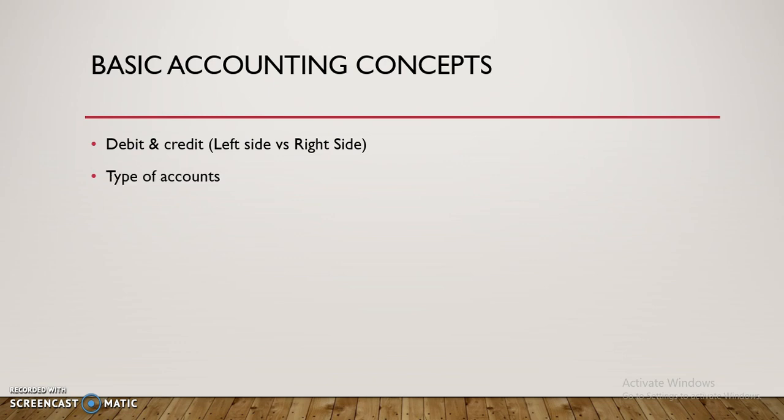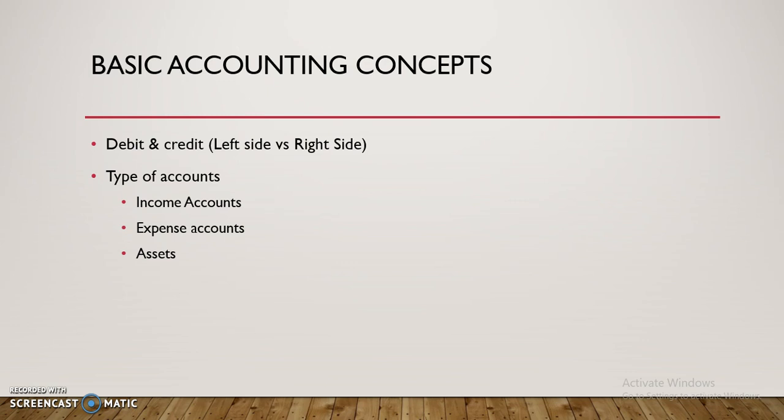Then we will be looking at the types of accounts. There are four main types of accounts. Income accounts, where we record all our incomes. Then there are expense accounts, which are the services or the consumption that we use for generating the income. Then there are assets, which are the accounts that we hold in our hands, as in our control.